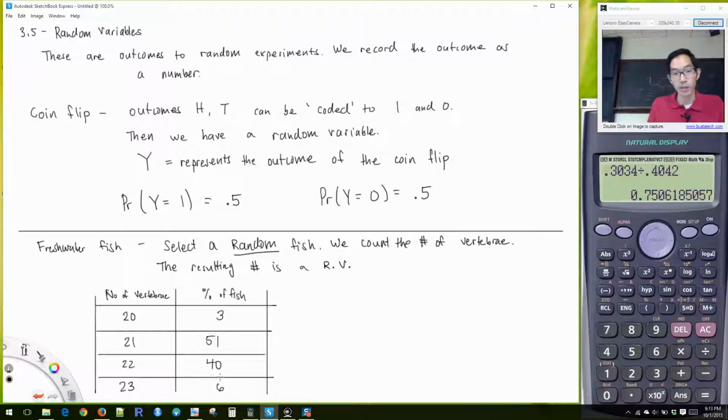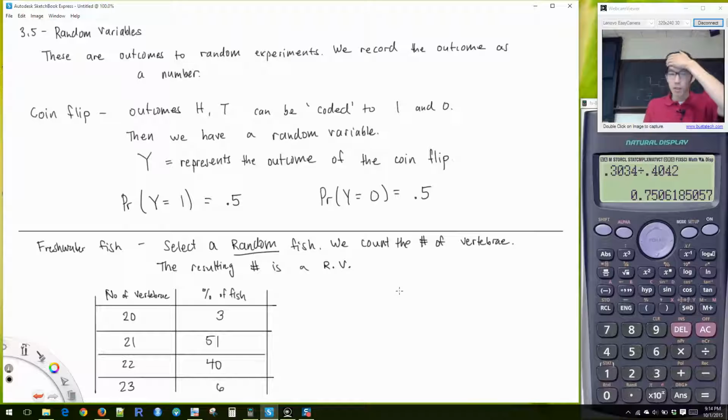And there's no other possibilities for number of vertebrae. When you pick a fish, it's going to have one of these 4 numbers, and this is how common they are. Okay, so we could ask a question like, what is the mean number of vertebrae that we will encounter?